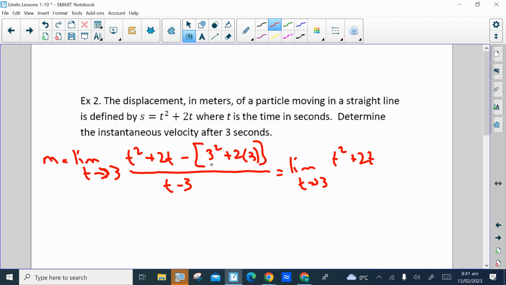If you find the constant term by going 3 squared, which is 9, plus 2 times 3 is 6, 9 plus 6 is 15. And then we can factor.